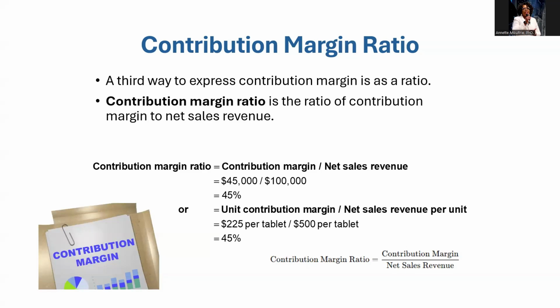Contribution margin ratio is equal to contribution margin divided by net sales revenue. Then you have your $45,000 divided by the $100,000 equals 45%. Or you can divide the unit contribution margin by the net sales revenue per unit, and you'll get the $225 per tablet divided by $500 per tablet, which will give you 45%.